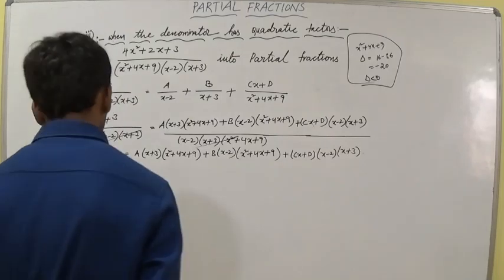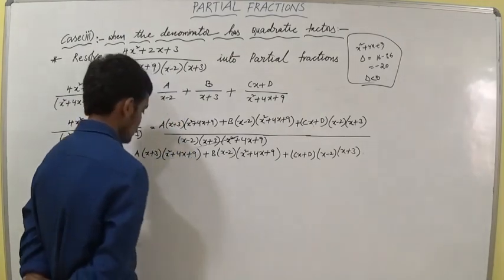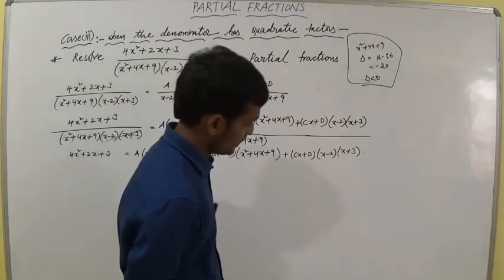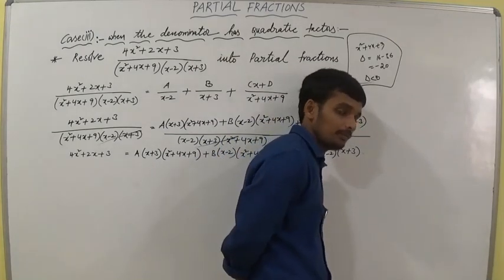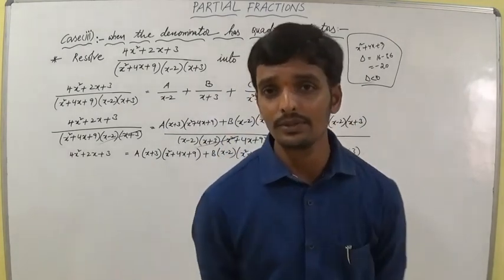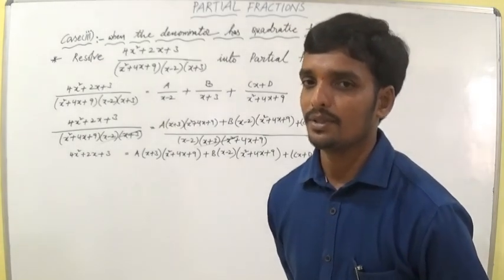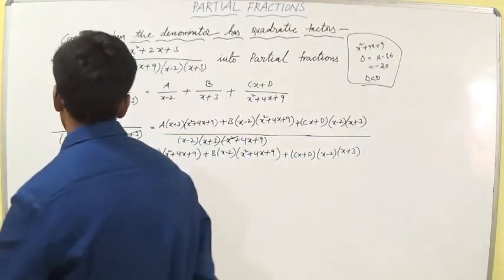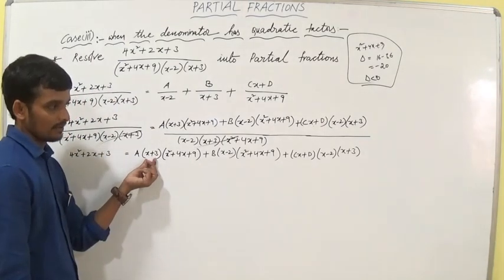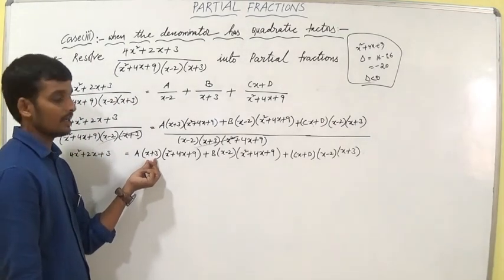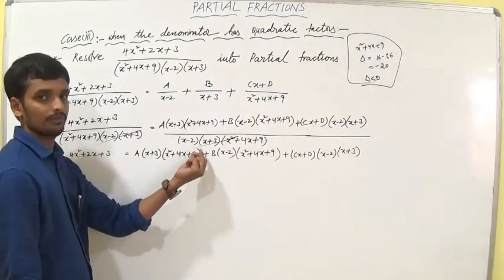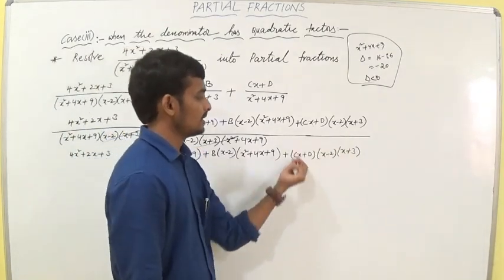Now we have to find the values of A, B, C, D. To find out the values of A, B, C, D, I am using different methods. First of all, here x plus 3 is the factor. If I take minus 3, this is 0.